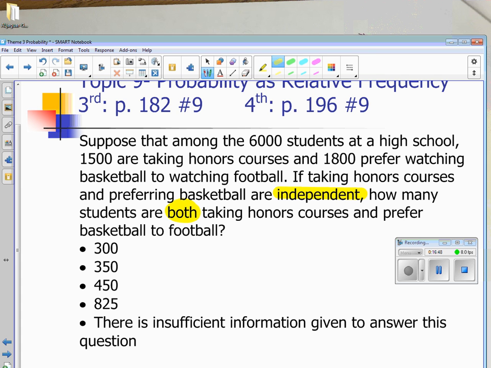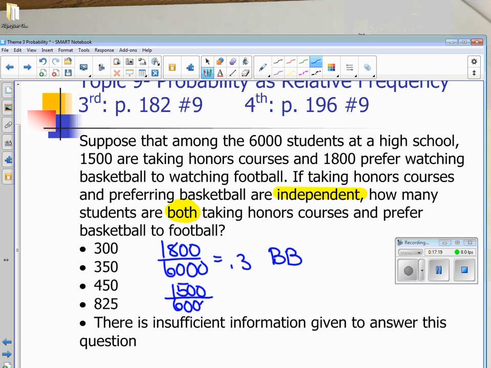And that's it. So we have 6,000 high school students, 1,800 prefer basketball. So we have 1,800 out of 6,000 prefer basketball. And that number was 0.3. Okay? And then the other situation is honors courses. We have 1,500 of those, which was 0.25.